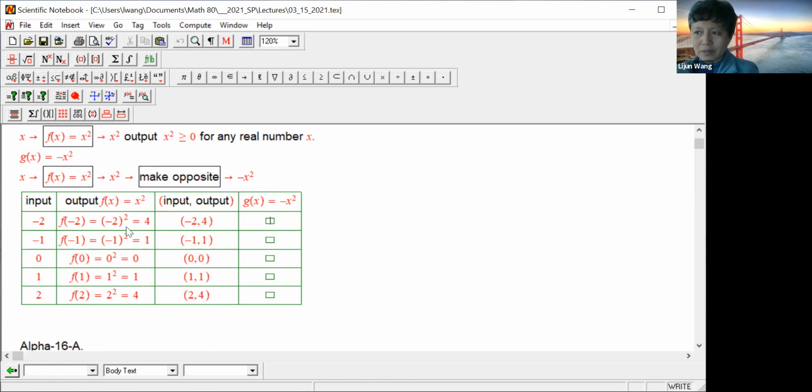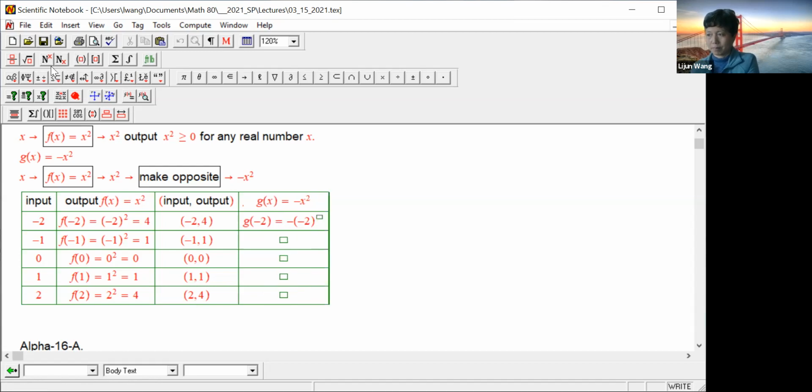G is the opposite of F, right, for the output. So when we calculate G, what happens? G of -2 is equal to negative of -2 squared. Okay, how do we calculate that? This negative sign and this negative sign do not combine. Do you follow me?